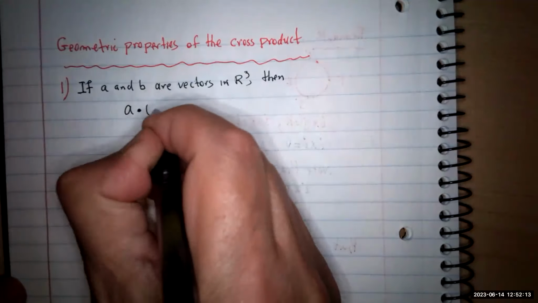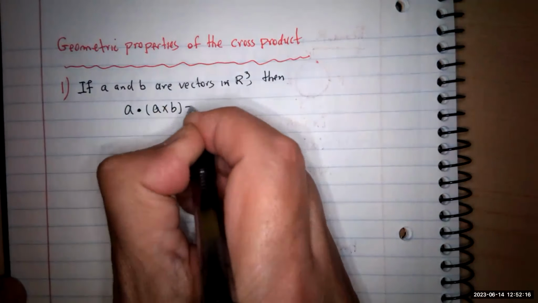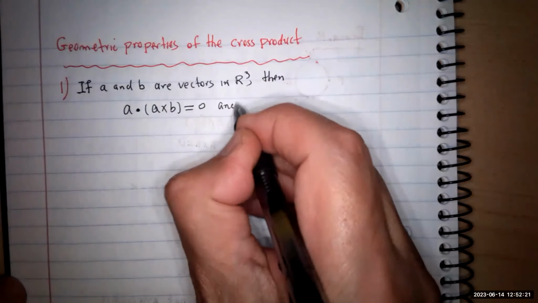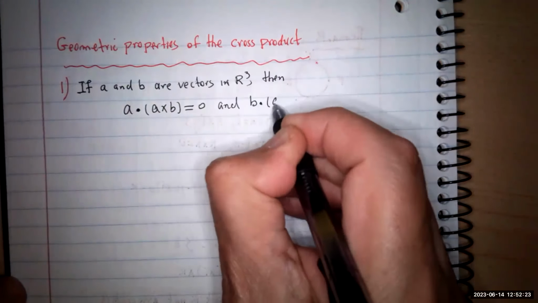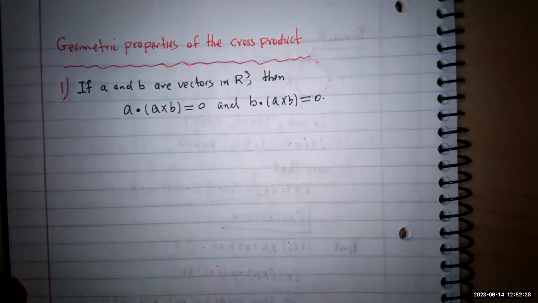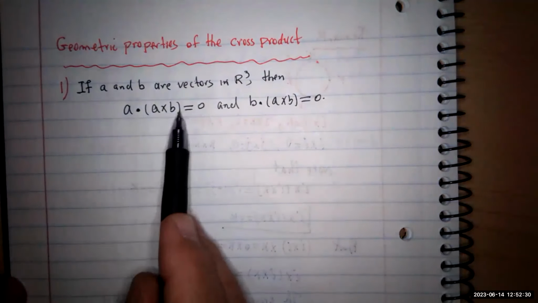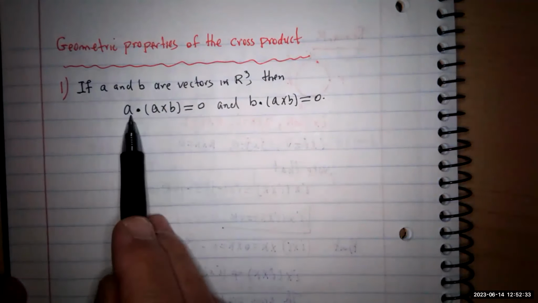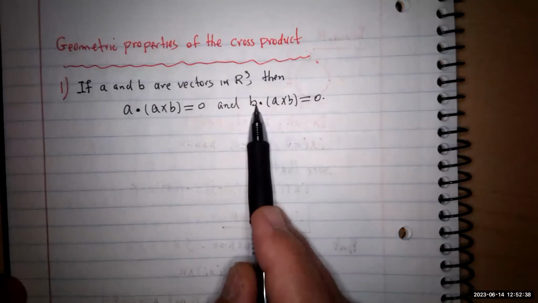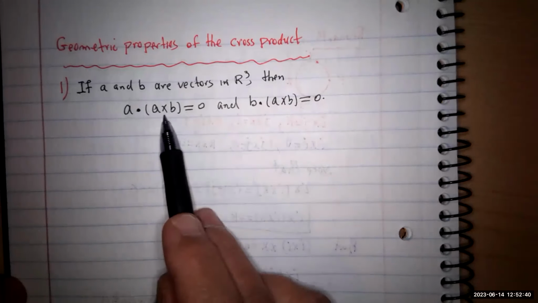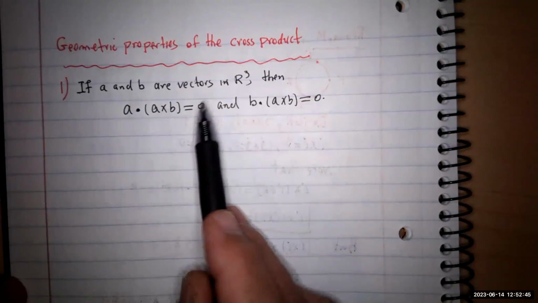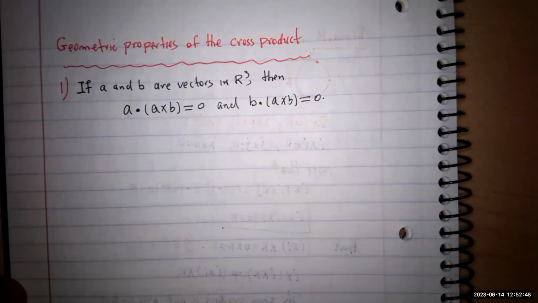A dot A cross B is equal to 0, and B dot A cross B is equal to 0. What does it mean? The first one means the cross product is perpendicular to A. The second one means the cross product is perpendicular to B. So A cross B is perpendicular to A and is perpendicular to B. And that was our target to find.